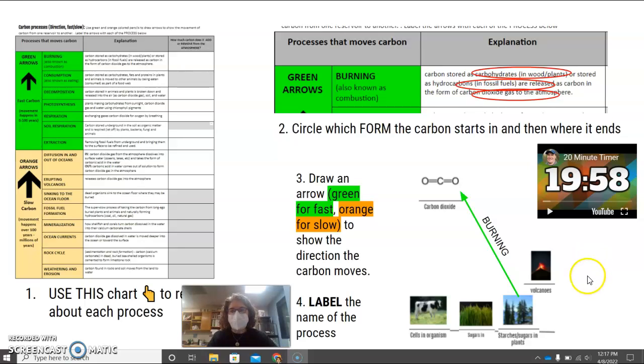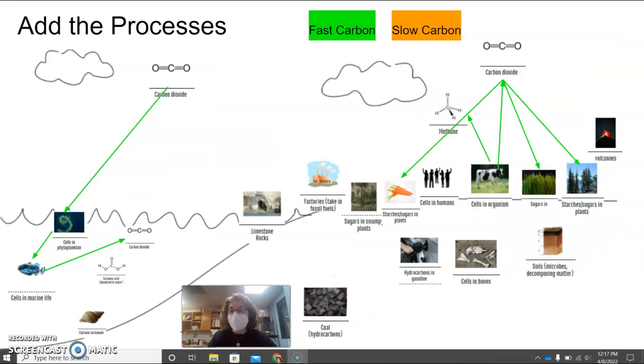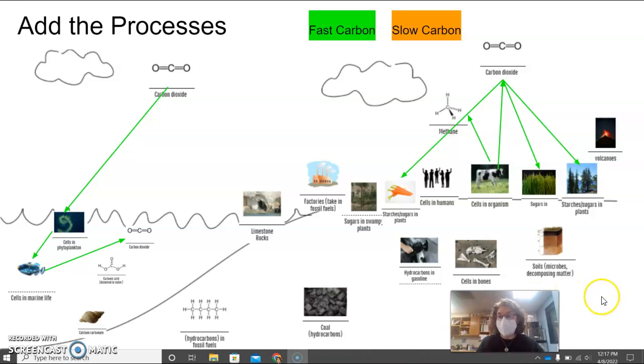So what is this going to start to look like as you continue to work on it? Every arrow should have a color that represents whether it's a fast process in green or a slow carbon process in orange, and it should be labeled with the name of the process. And I'm going to read the explanation in order to figure out the starting spot and the ending spot for the carbon in that cycle. So your diagram is going to start to have a lot more information on it than it does already.